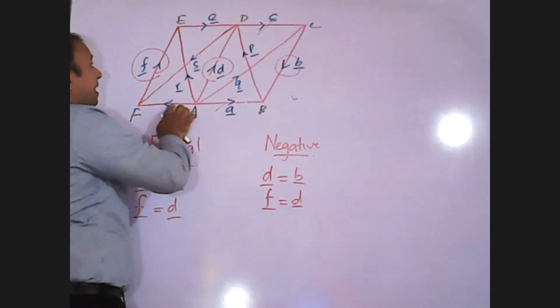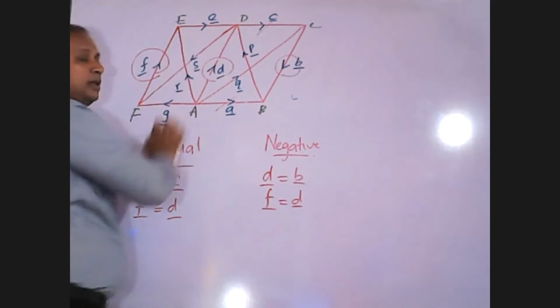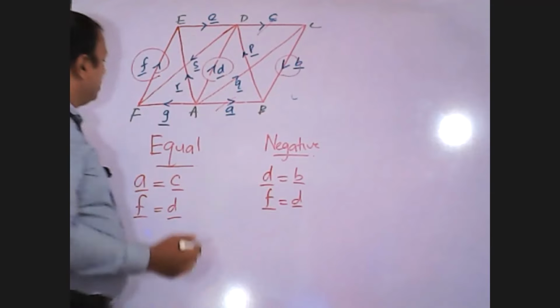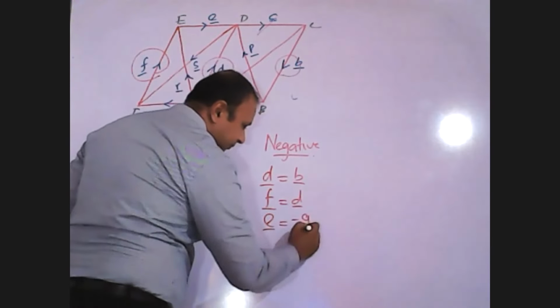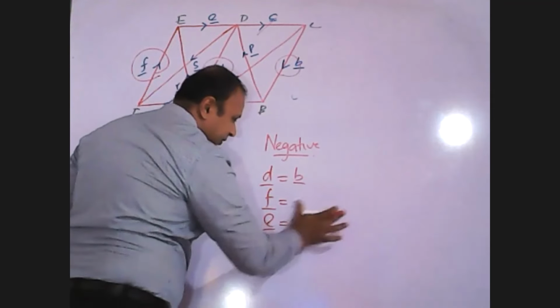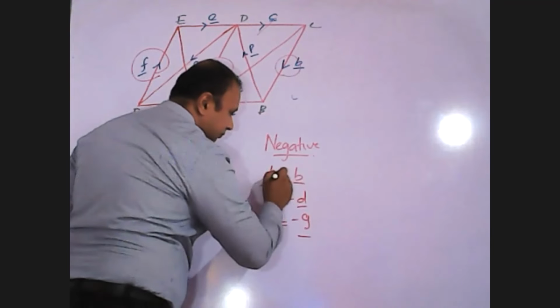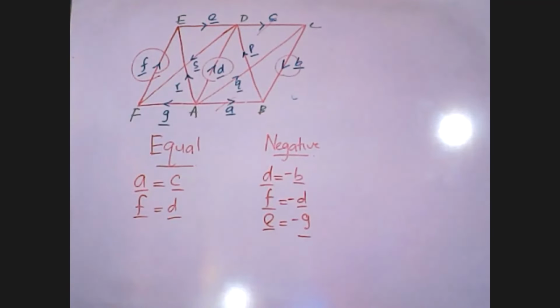Arrowhead directions are different to each other, so they should be negative. So E is a negative vector of G.